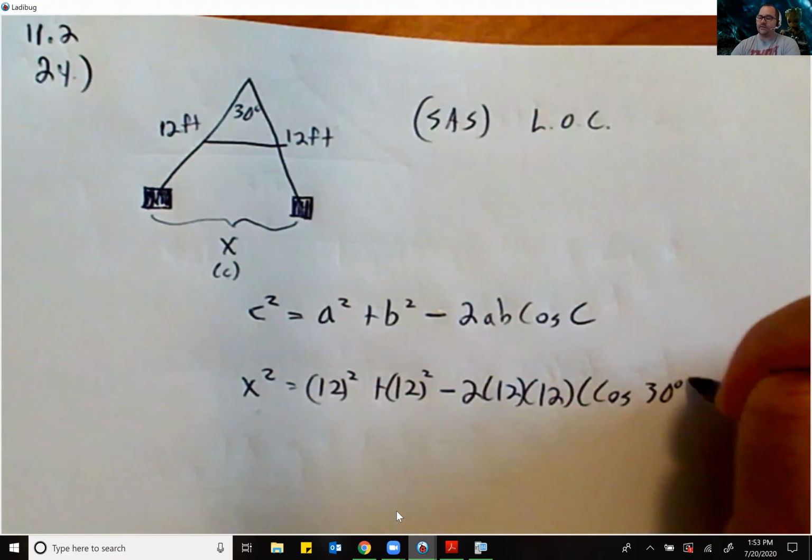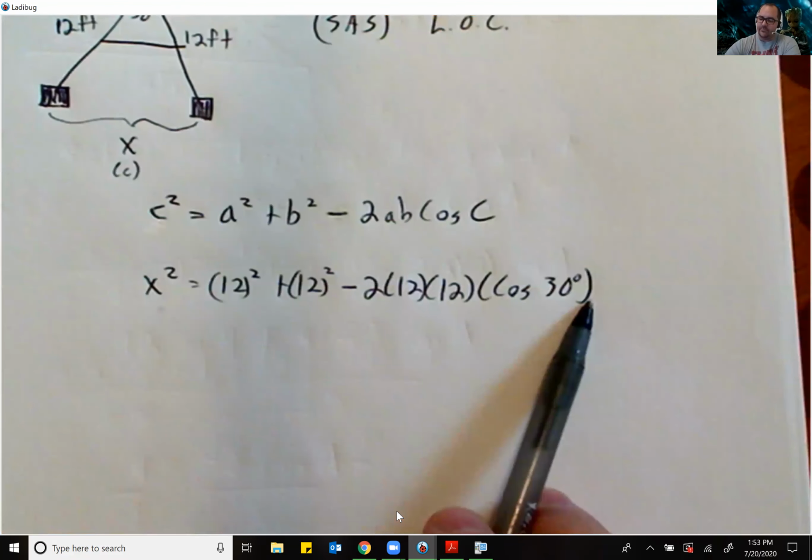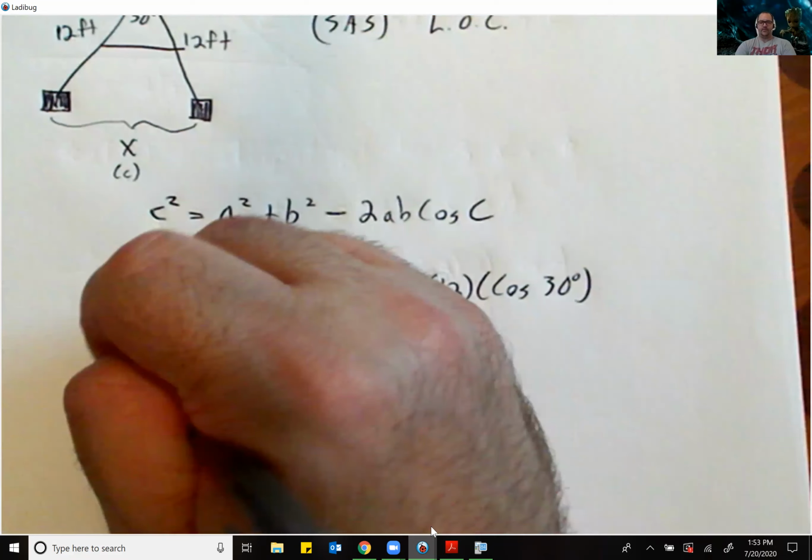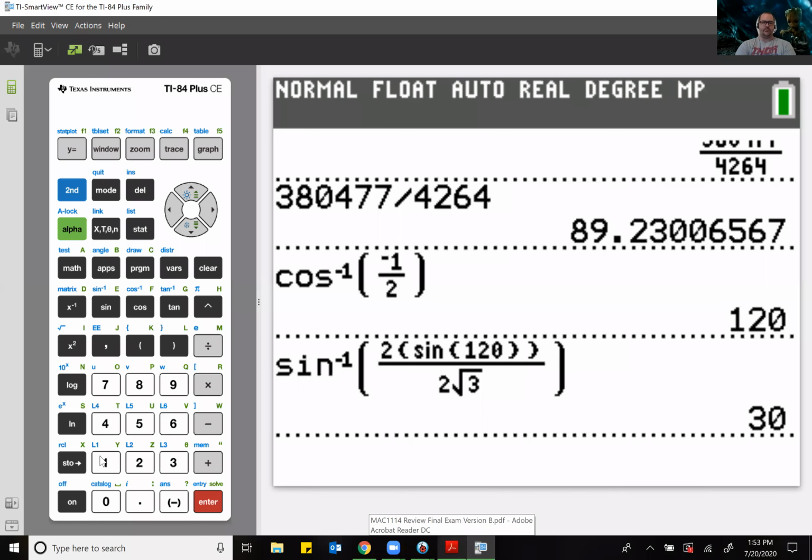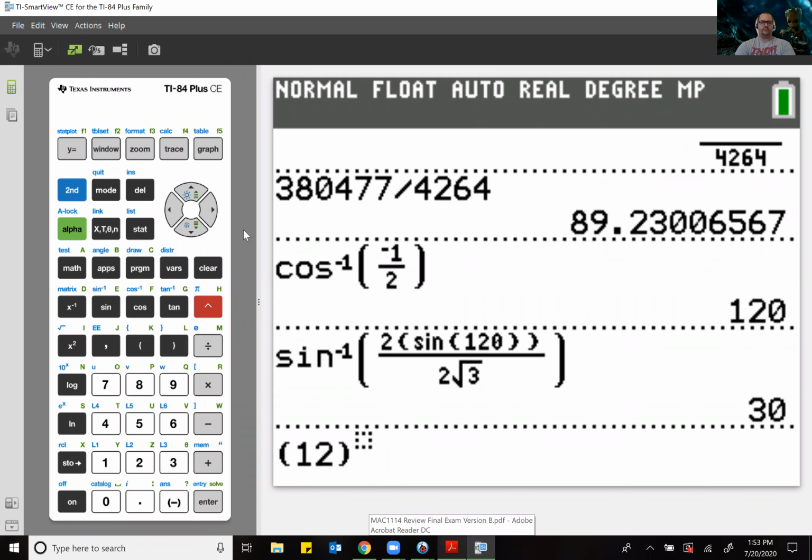I'm just going to go straight into my calculator, let it do its job. So I'm going to put in parentheses 12 squared plus parentheses 12 squared minus parentheses 12.